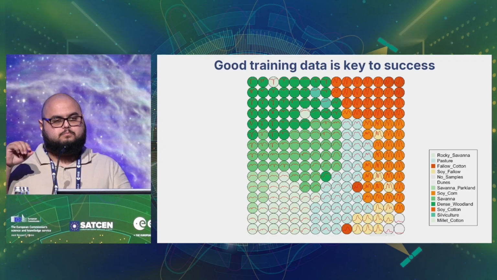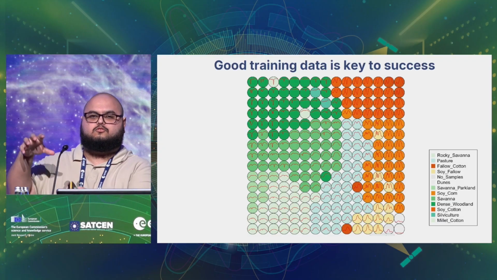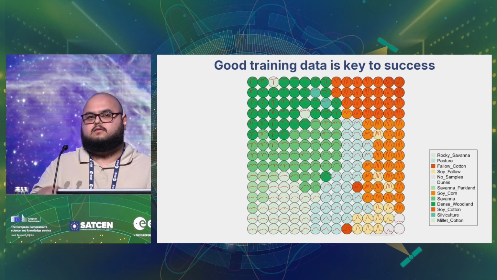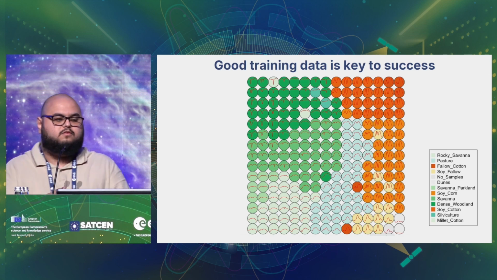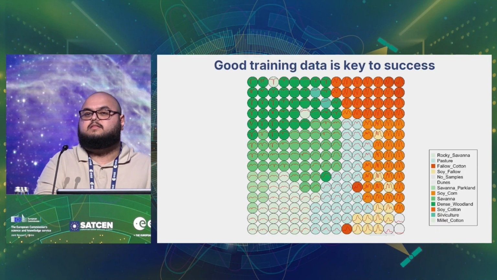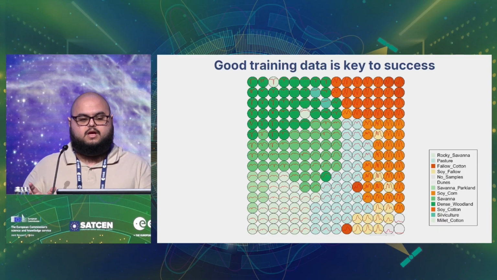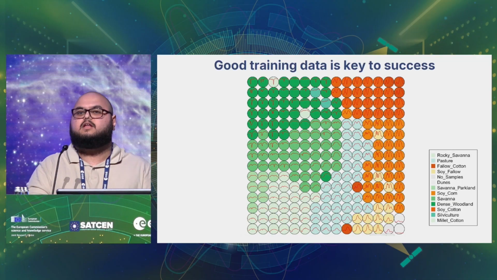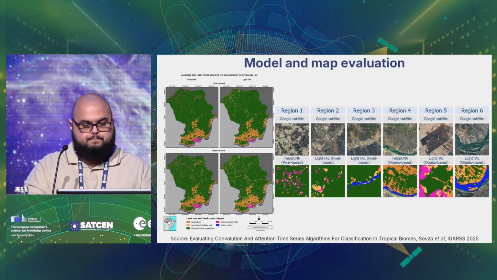But the idea is that the same labels need to be together, because then they are similar. And this is the same for all classes. So this is one way we visualize and enhance the training data set we are building. If we have a very sparse result, then we need to improve the training data.